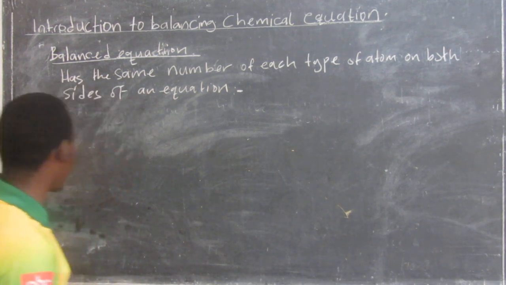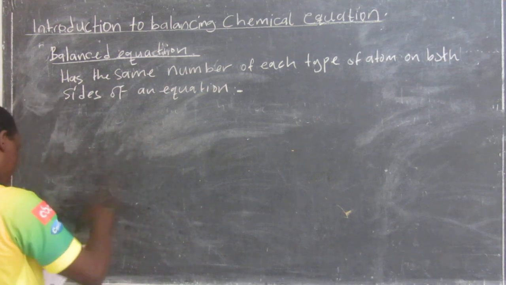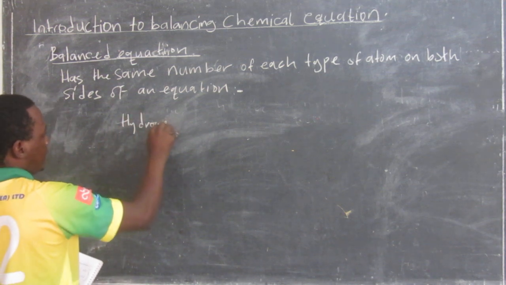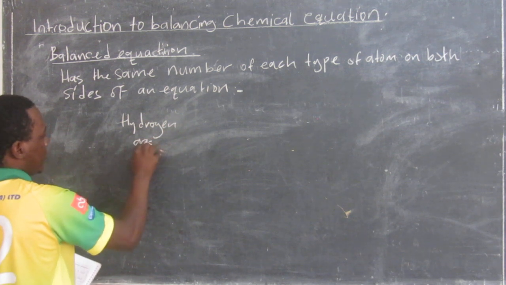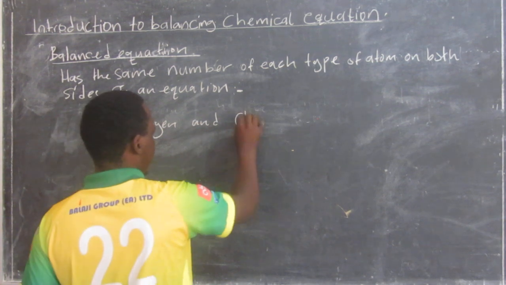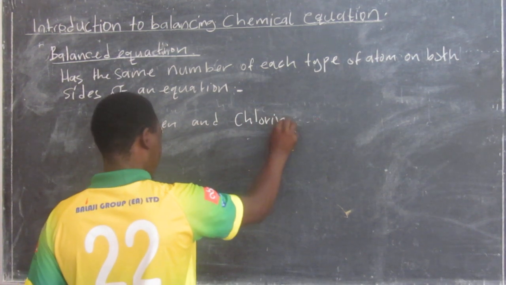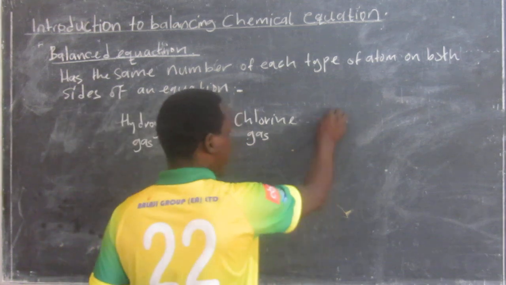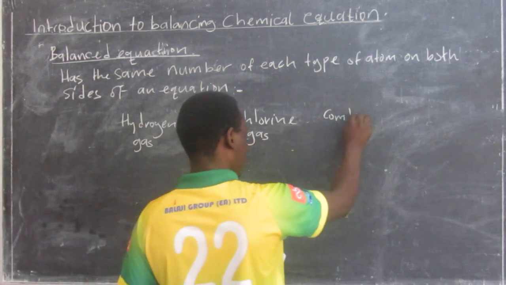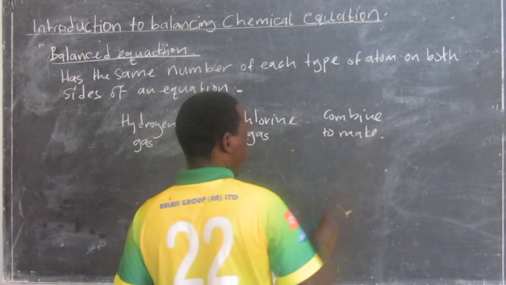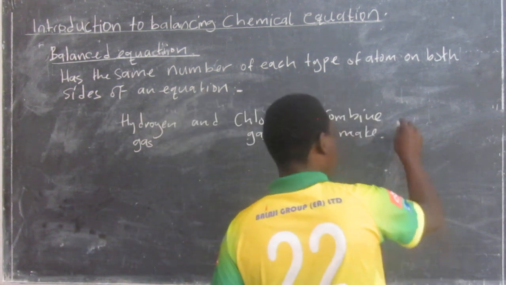For example, if I have hydrogen gas and chlorine gas, these two combine to make hydrochloric acid.